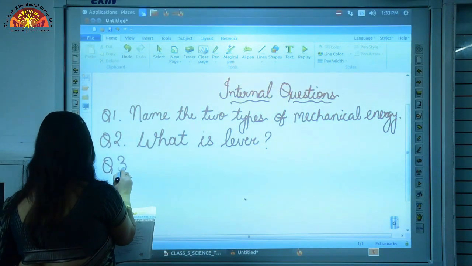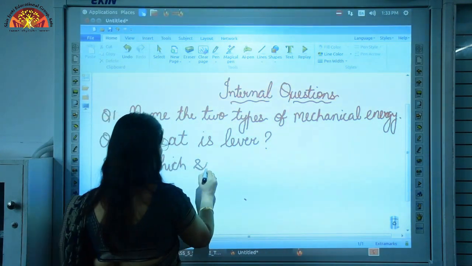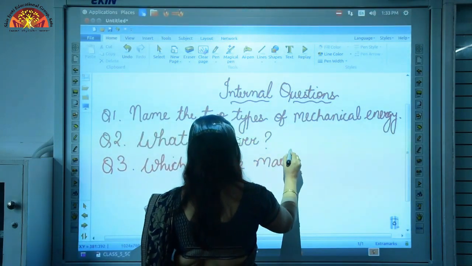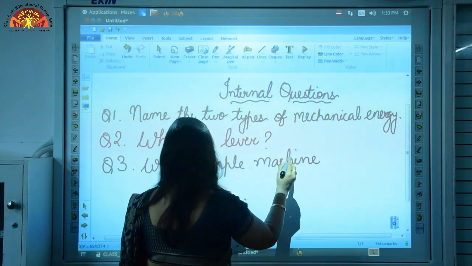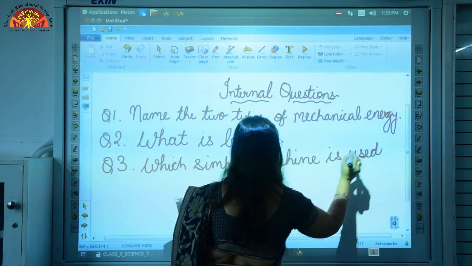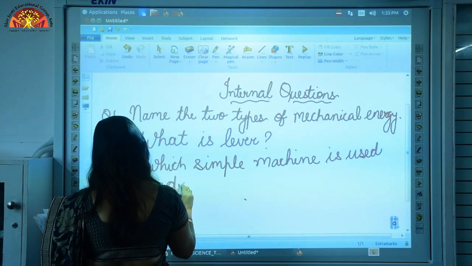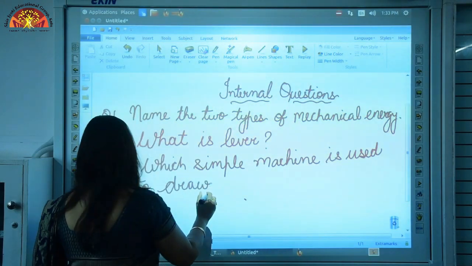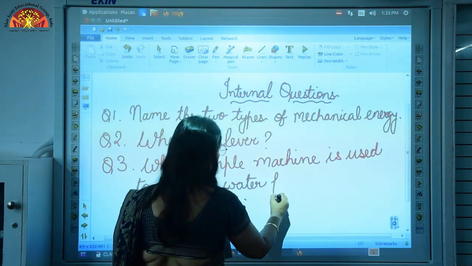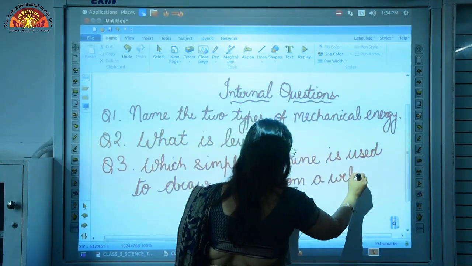Question number 3 here is, which simple machine is used to draw water from a well?